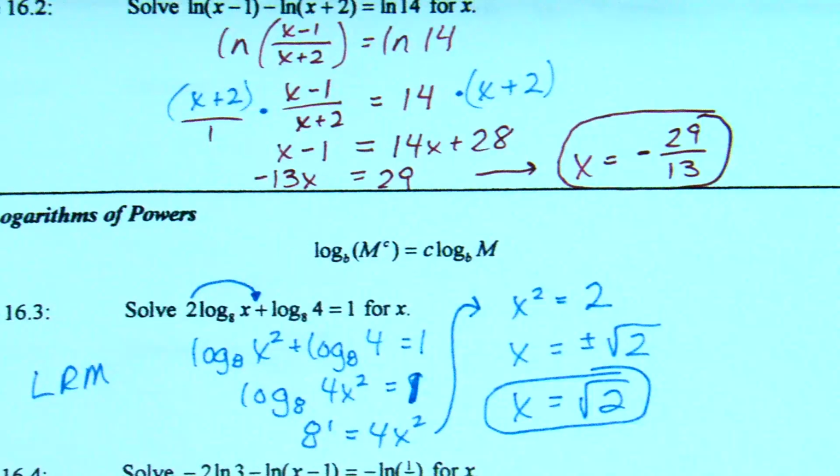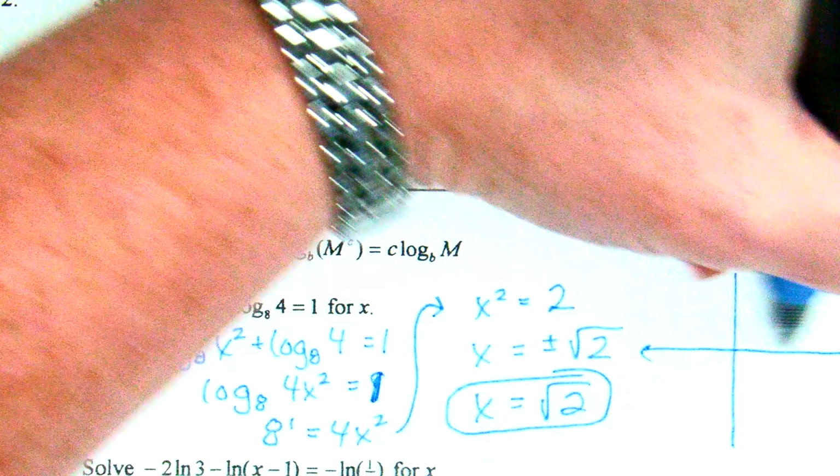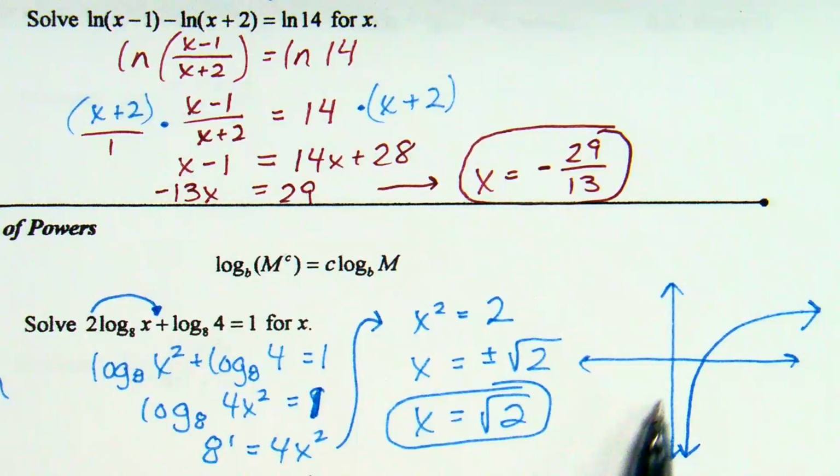What's the negative extreme solution? Is that what they would call it? Yeah. The visual, do you guys remember what the log graph looks like? The log graph is the one that starts down low along the y-axis, crosses through 1, 0, and goes up and over to infinity. What do you notice? Are there any negative x values used?